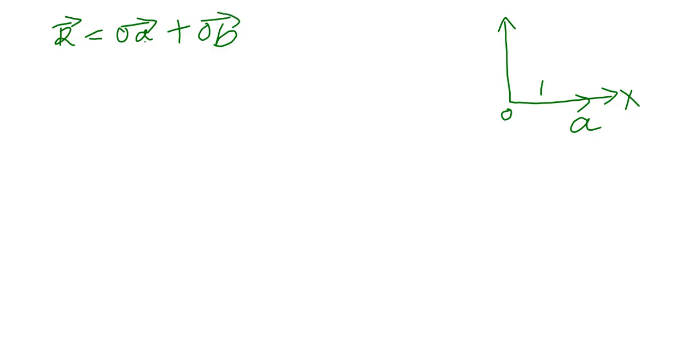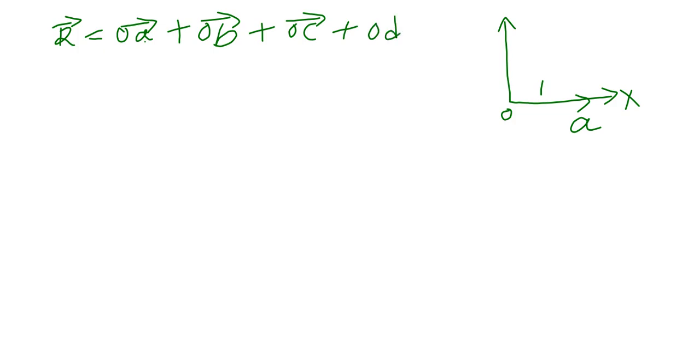The vector is OA and its unit is 1. That is in the x-axis. So first of all, the resultant vector R bar is OA bar plus OB bar plus OC bar and OD bar.